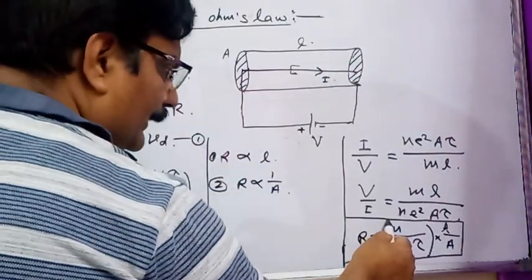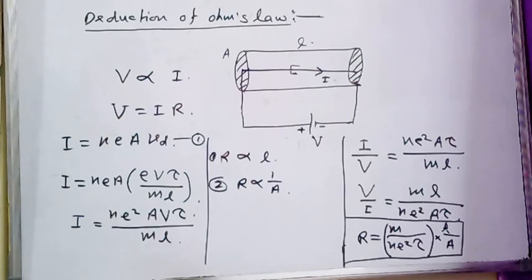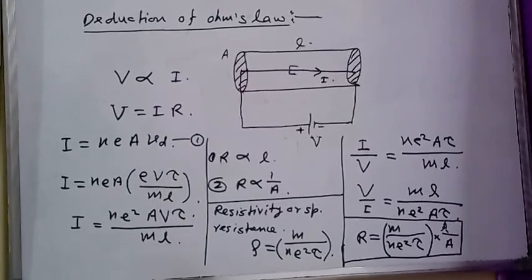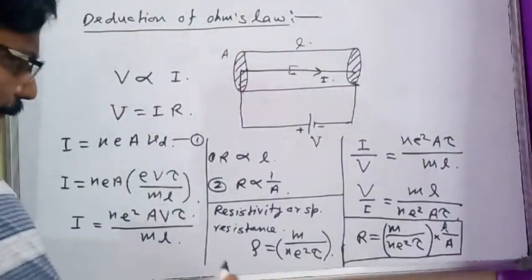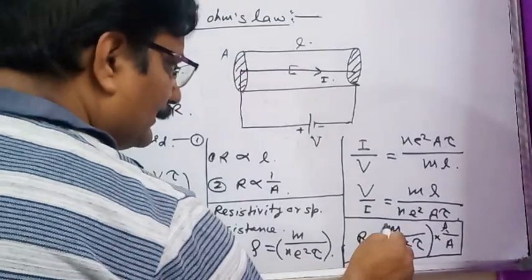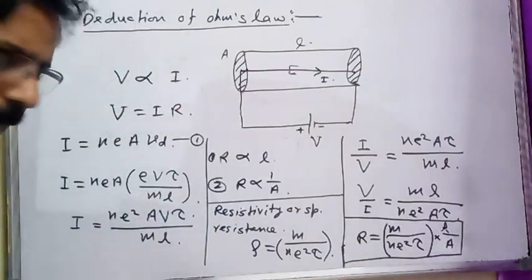And the quantity written inside the bracket is actually the resistivity of the material from which that conductor is made. So resistivity or specific resistance of the material of that conductor, rho, is this quantity written inside the bracket.